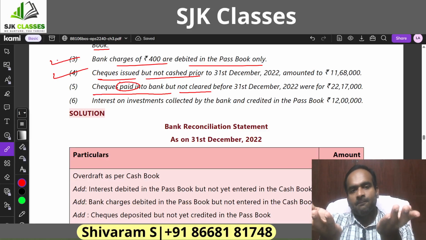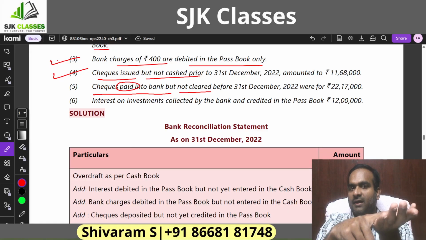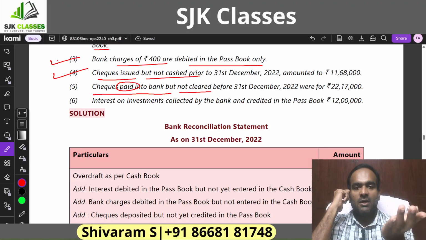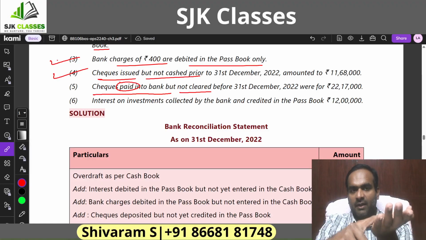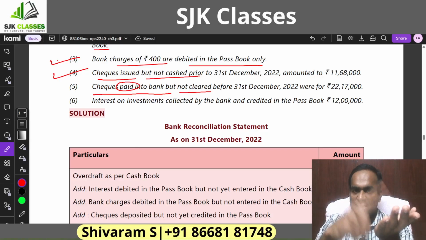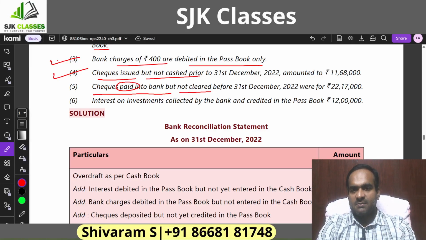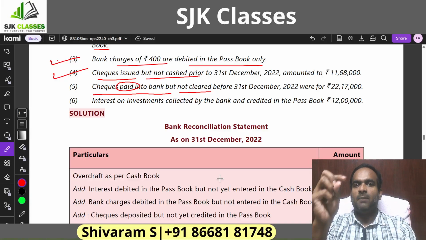Now what happens here? Checks paid into bank means it's a case of deposit. My opening balance is negative. This is a positive event. It's a receivable, right? So we're getting the money. So it's a positive event. So what happens on a negative balance, if you apply a positive event? The negative balance will come down. As we discussed before, minus 100 plus 20.